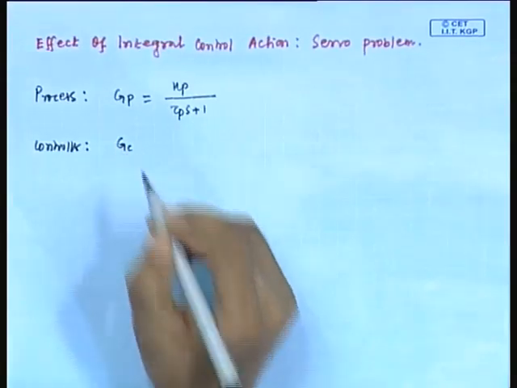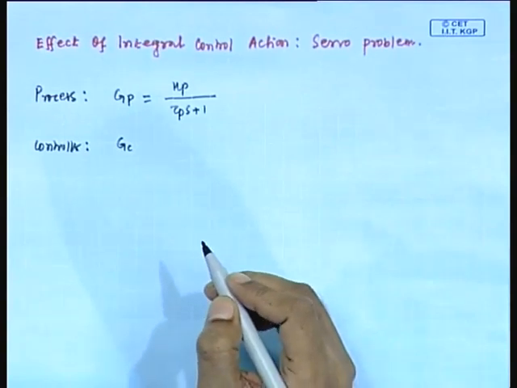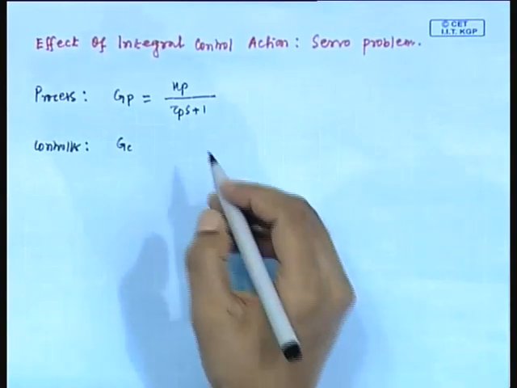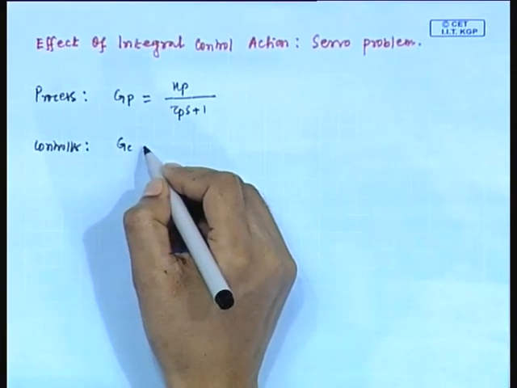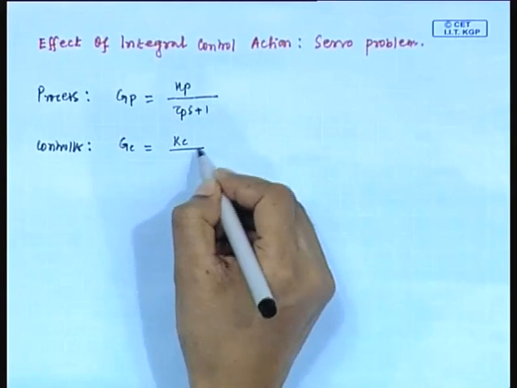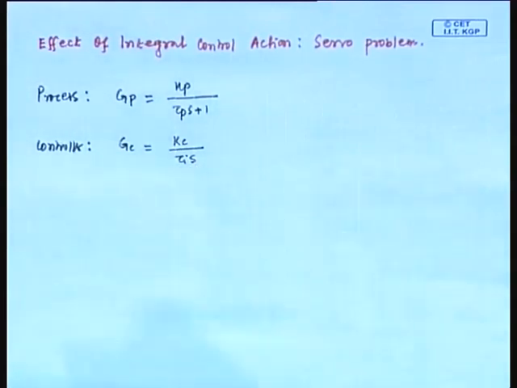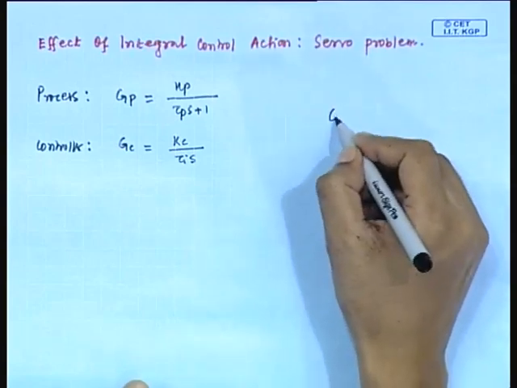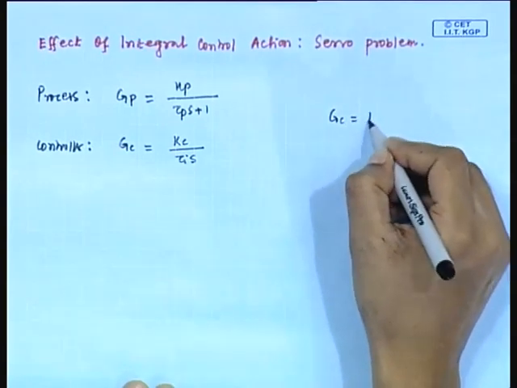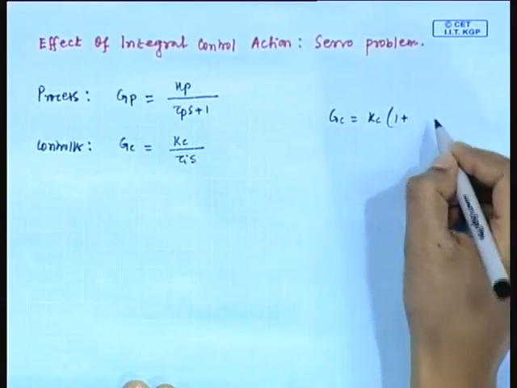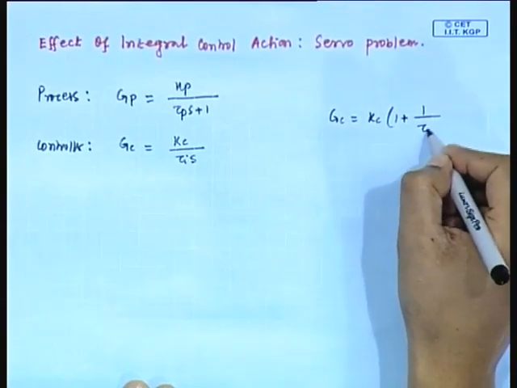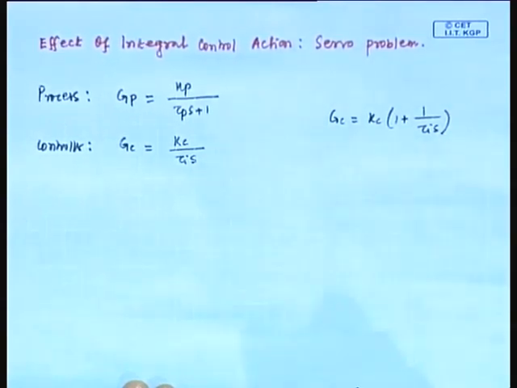What is the transfer function of integral controller? The transfer function of integral controller is written as Gc equals Kc divided by tau I s. For PI controller the transfer function is Kc multiplied by 1 plus 1 divided by tau I s.